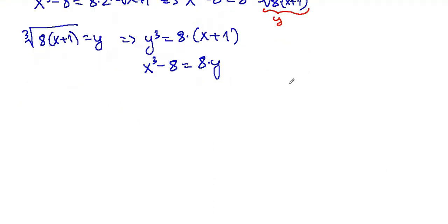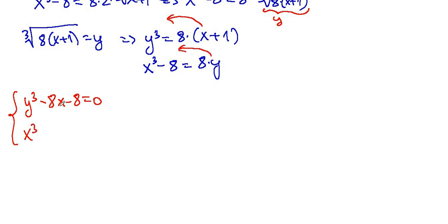So therefore, we'll get a system of equations. y cubed, if I move this expression to the left hand side, minus 8 and opening the bracket, 8x minus 8 is equal to 0, and x cubed, if I move 8y to the left hand side, minus 8y minus 8 is equal to 0.